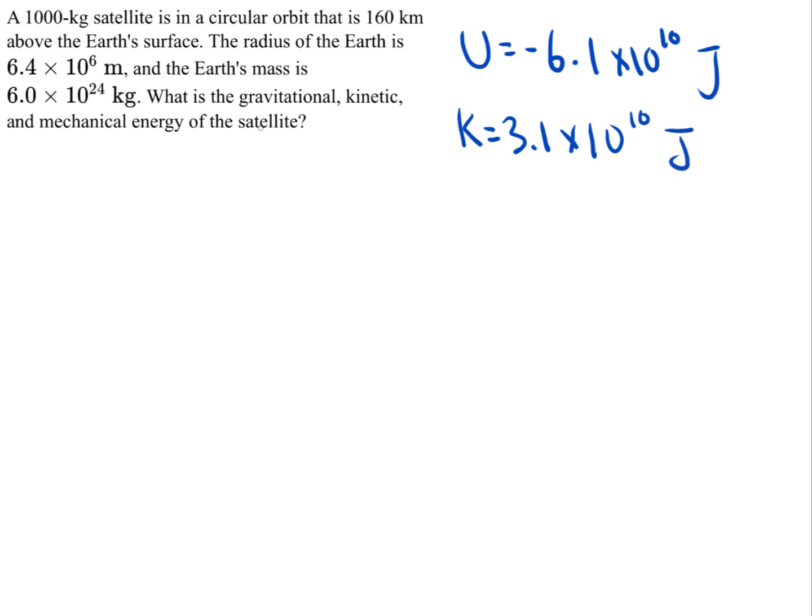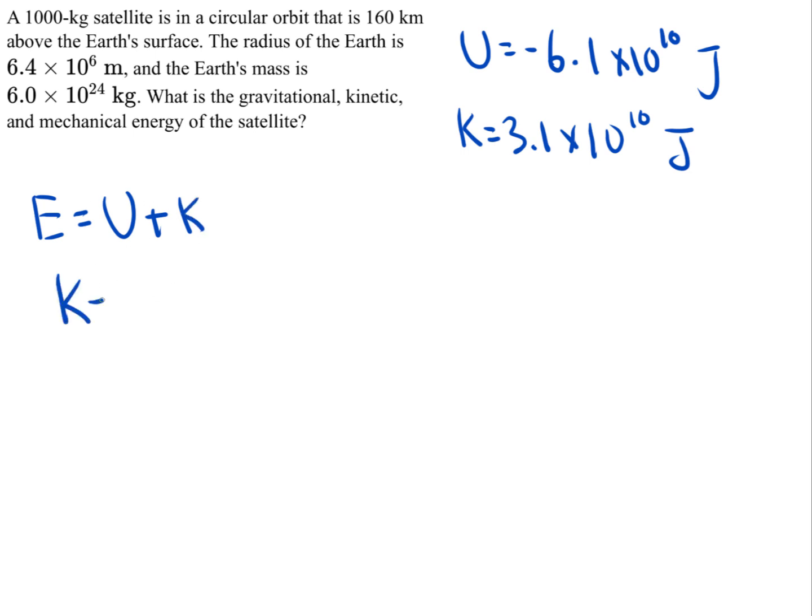Okay, and now it asks us for the mechanical energy. The mechanical energy is basically the total energy from both the kinetic and potential energies. So the mechanical energy is equal to the kinetic energy plus the gravitational potential energy. Might be better if I say the gravitational potential energy plus the kinetic energy.